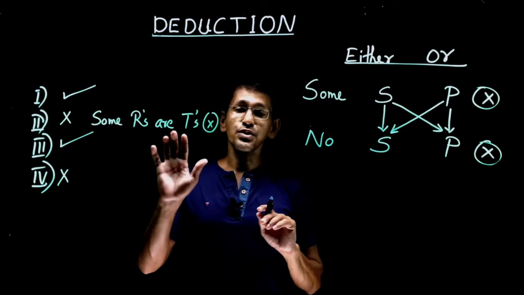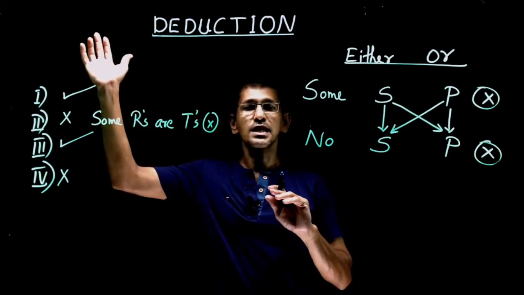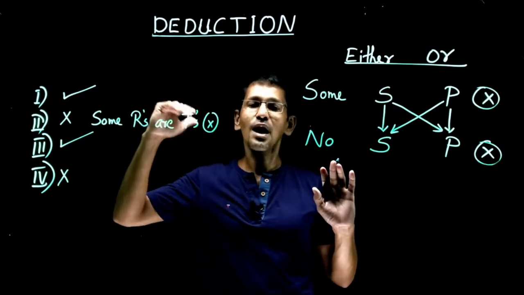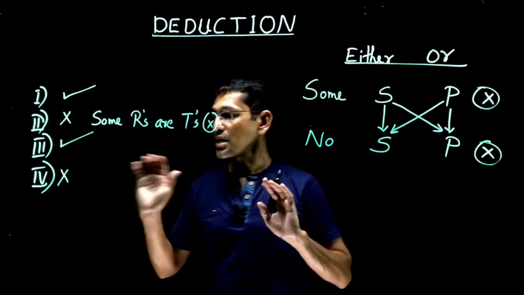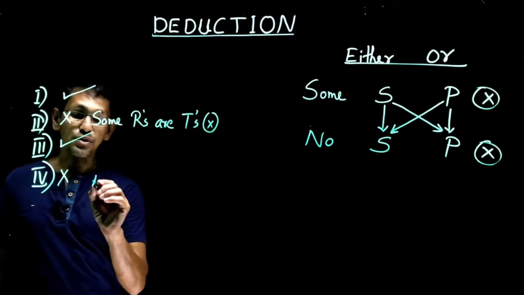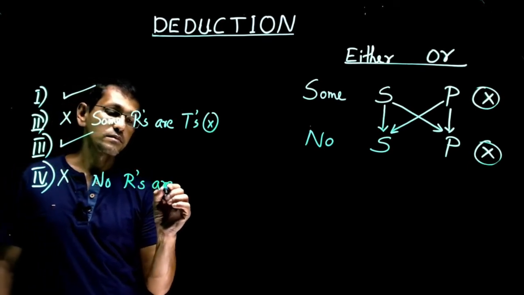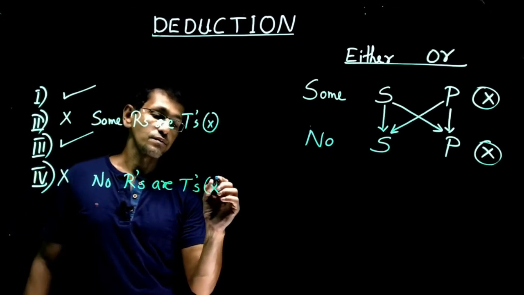How do we get that this conclusion doesn't follow? We have to check it with the basic diagram. I'm not going through those formalities right now, so we assume that we have already checked it, and conclusion 2 doesn't follow. And conclusion 4 is a no conclusion: No R's are T's.